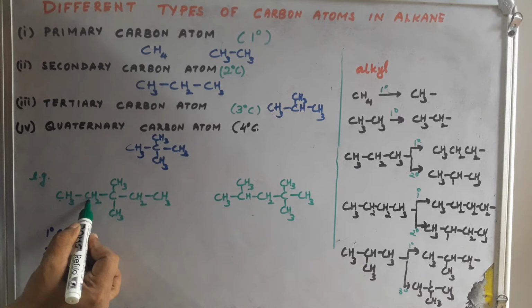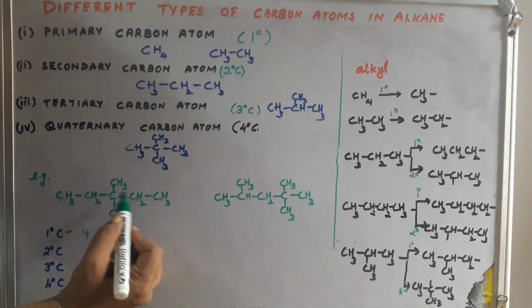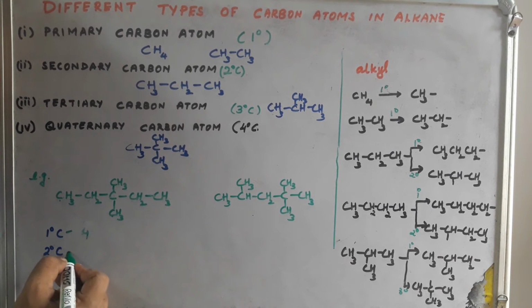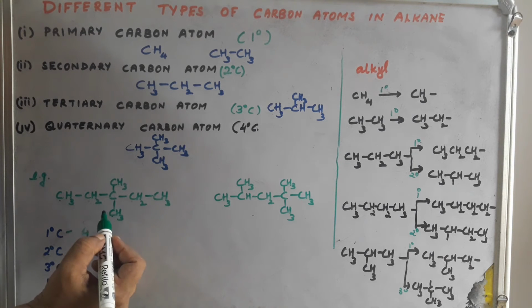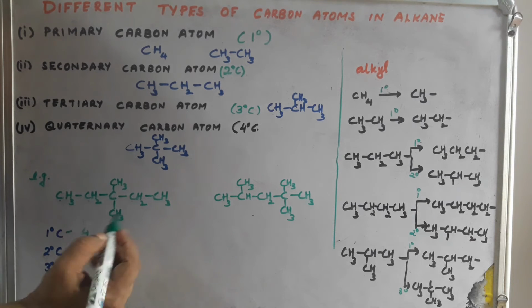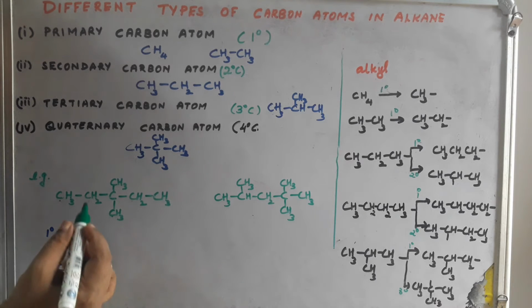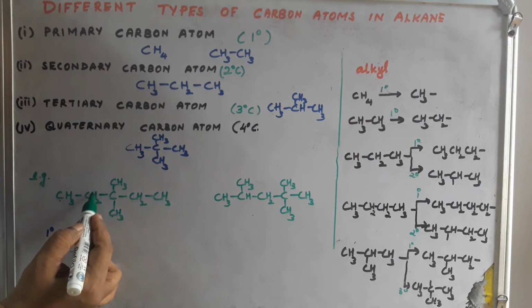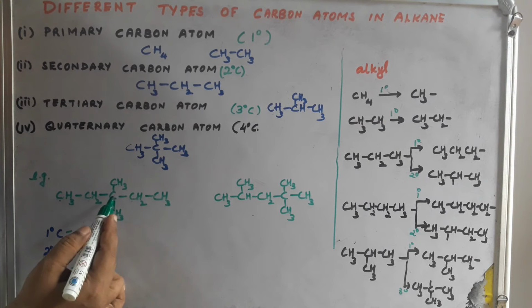This is a secondary carbon linked to two other carbons. Here also there is a secondary carbon. So the number of secondary carbons is 2. A tertiary carbon is a carbon which is linked to 3. Look here, there is no tertiary carbon, so the number is 0. A quaternary carbon is a carbon linked to 4 other carbons. So there is one quaternary carbon.